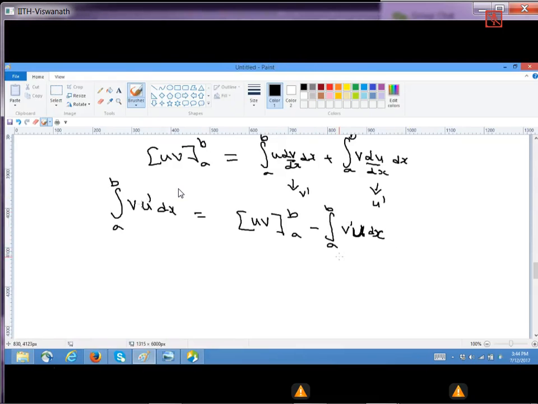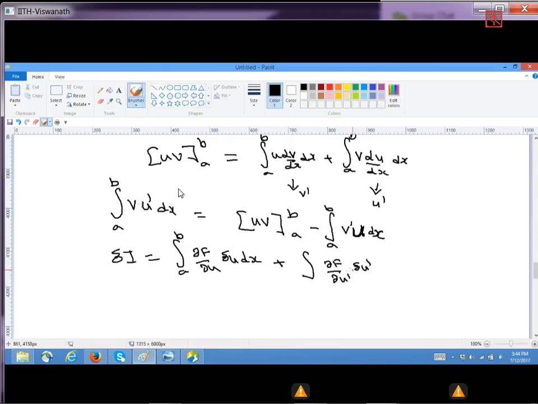This is what even finite element uses. So this integration by parts, I will use in the above formulation. Delta I is equal to the integral from a to b of dou f by dou u delta u dx plus the integral of dou f by dou u dash delta u dash dx.